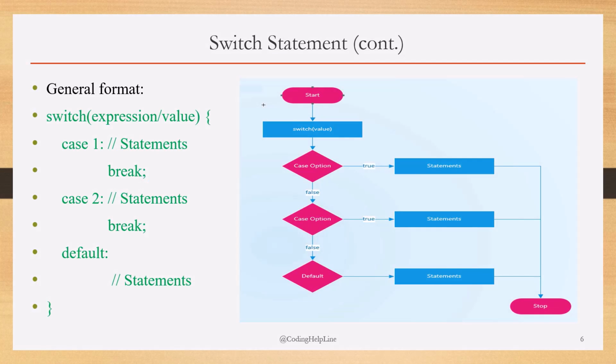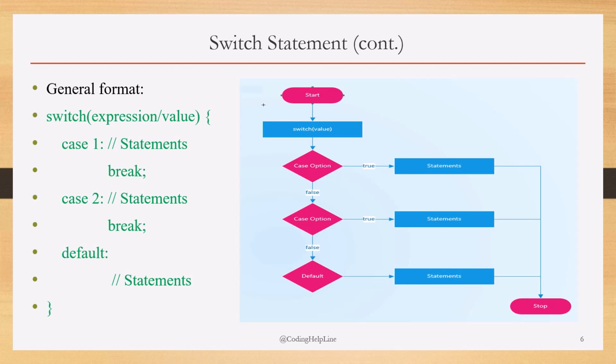So this is the general format and this is the flow chart. It starts with the switch keyword, and inside the parentheses we will enter a value or some expression that evaluates to some constant value, and that value is matched against the cases.